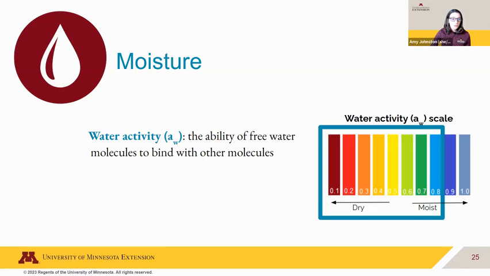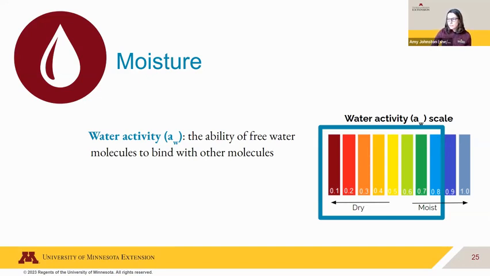These other molecules can be sugars or proteins in foods, or they can also be pathogens. Water activity is determined by measuring the equilibrium relative humidity of a food in an enclosed airtight container. The percent relative humidity is then divided by 100 to get a decimal, which is the water activity value.